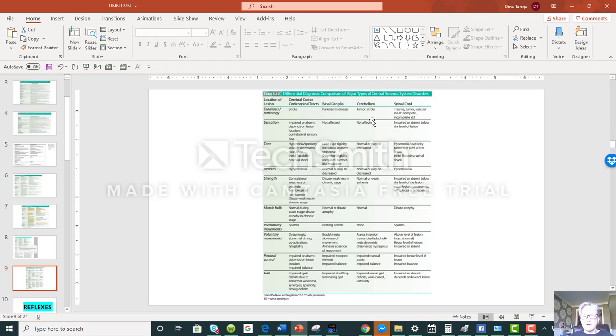Tumor, stroke, sensations not affected. Some of the stuff that we just went over: muscle bulk, involuntary, voluntary, postural control, gait.